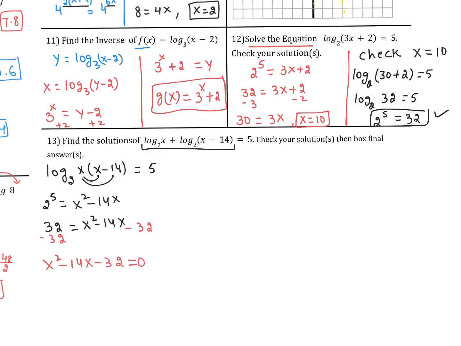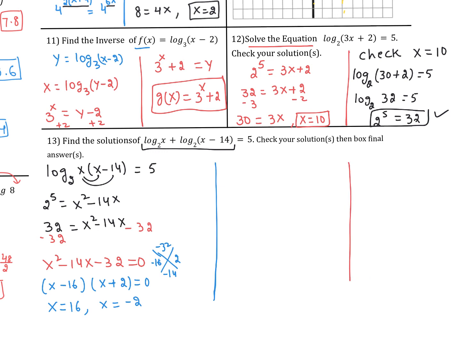You can apply the cross method here to solve for the factors, so negative 32 and negative 14. The two numbers you're looking for are negative 16 and 2. So (x minus 16)(x plus 2) equals 0. x equals 16 and x equals negative 2.